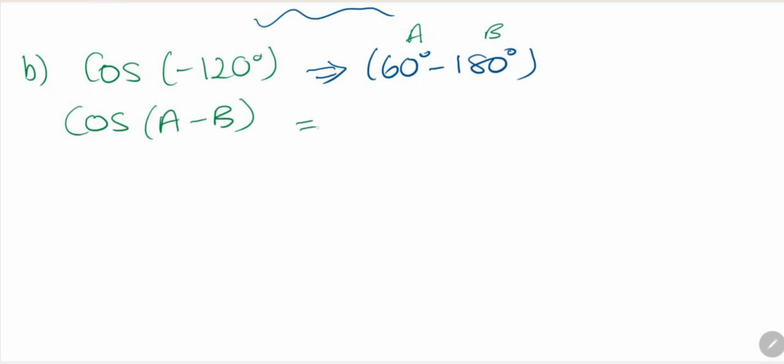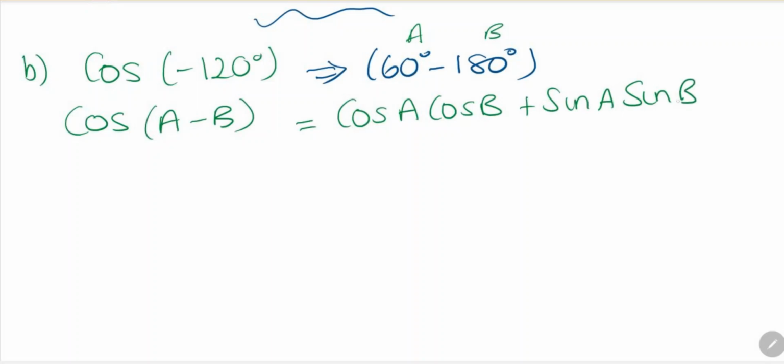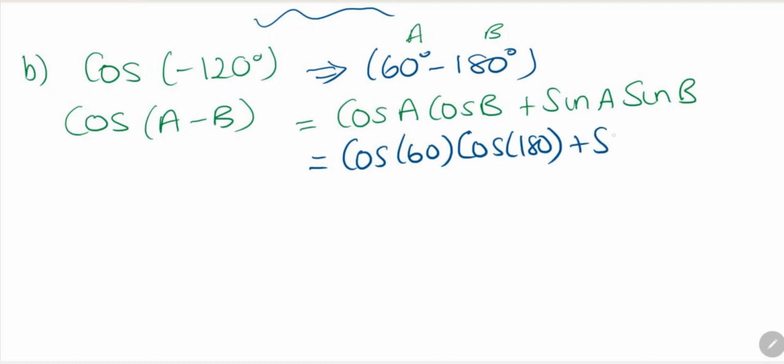And the formula I need to use is cos A cos B plus sine A sine B. So that is cos of 60, cos of 180, sine of 60, and sine of 180.